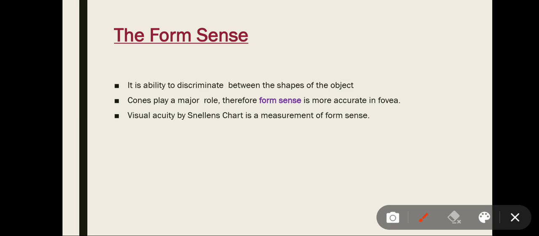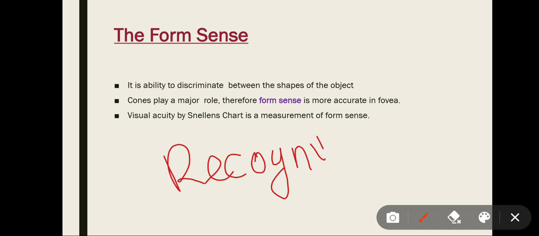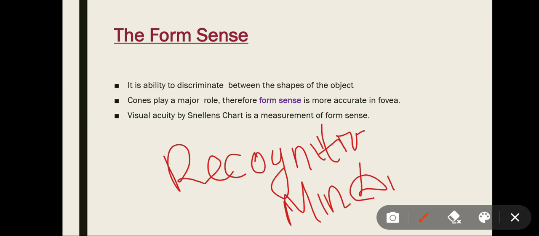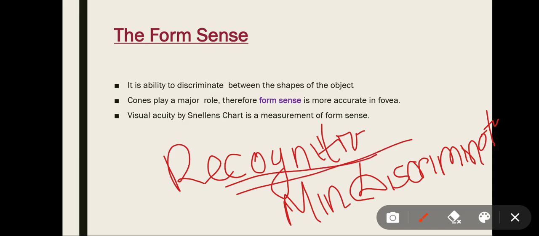There are two important words: recognition and minimum discrimination. Recognition is that faculty by virtue of which an individual not only discriminates the spatial characteristics of the test pattern but also identifies the pattern with which he has had some experience.